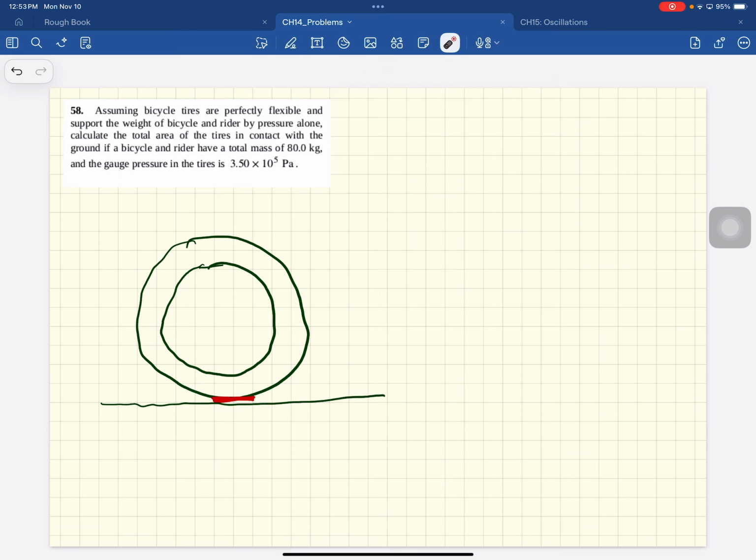All right, so gravity is pulling this down, and this object along with the passenger is in contact with the ground, and so the ground is exerting a normal force on that piece of rubber. That piece of rubber is not moving. Okay, so the normal force should equal mg.